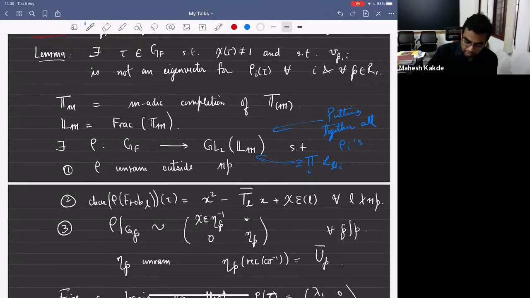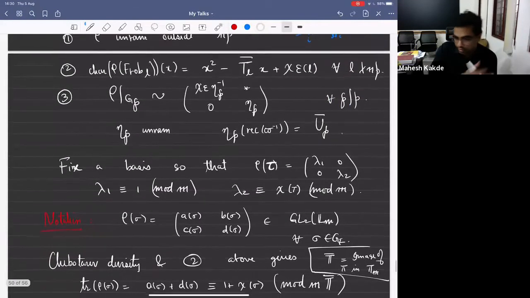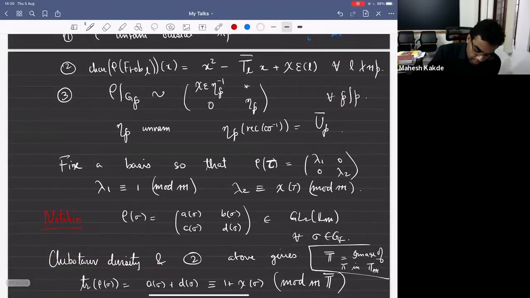If you look at it on the adelic side, in local class field theory, then it just means that it's a character on F_v star, and then it's just trivial on the units in the integer ring of F_v. Okay, on the Galois side, it's simply trivial on the inertia subgroup.